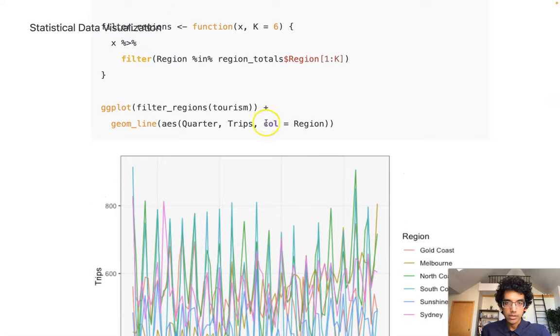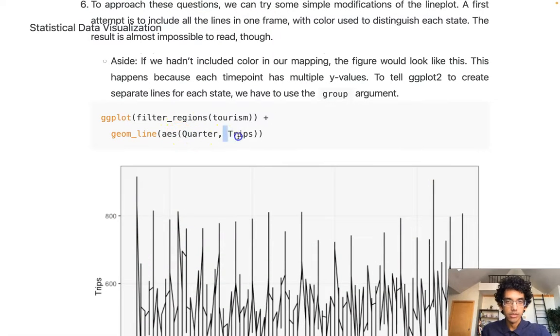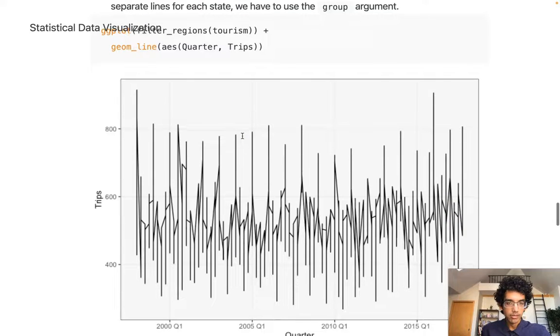If I had not used color equals region, if I had just done quarter and trips, I would have gotten a very strange time series plot, something like this. Right? What's going on is geom_line is thinking that all these series actually belong to one series, and that it needs to have every single state at the same time point.